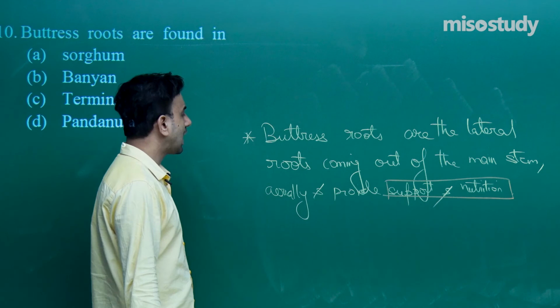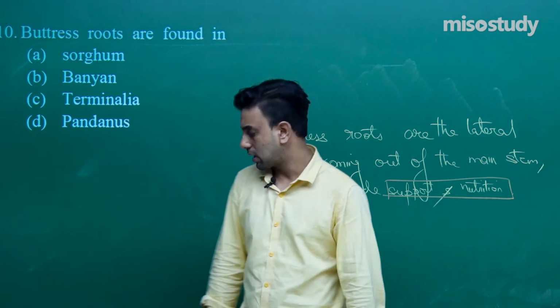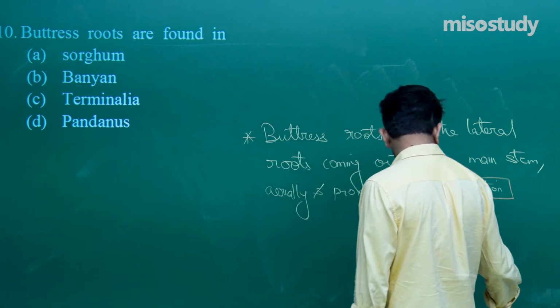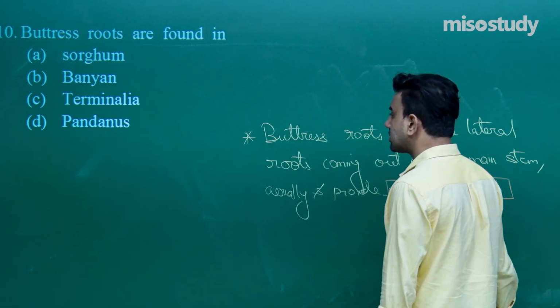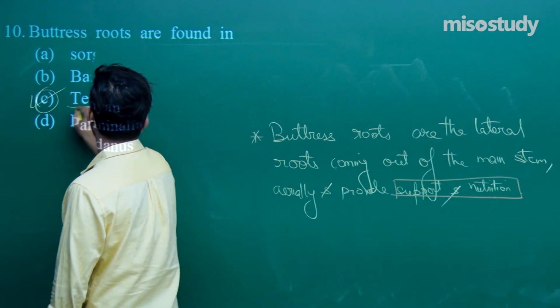So, buttress roots are the lateral roots coming out of the main stem aerially and provide support and nutrition, and hence we see that these will be providing the support and nutrition. Now, these are seen in terminalia.